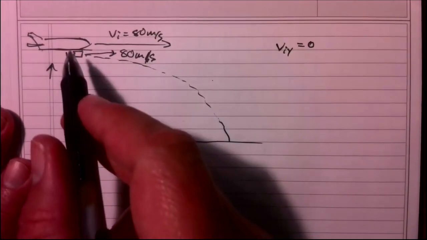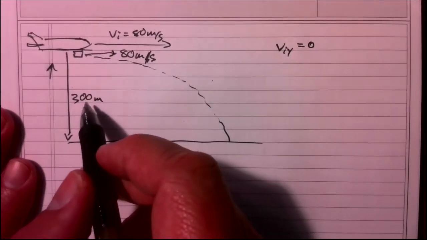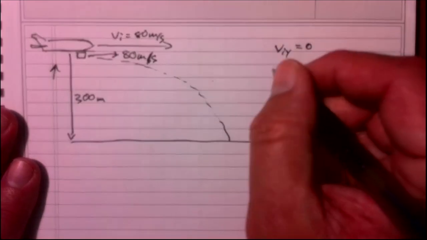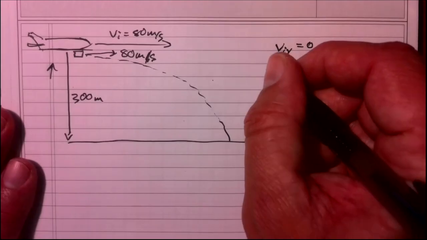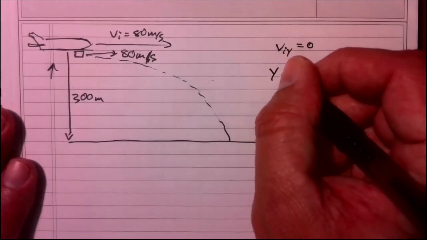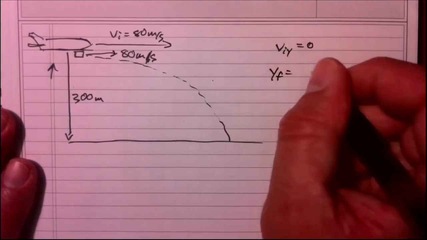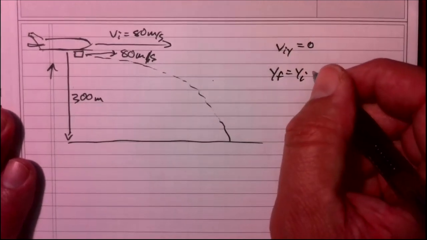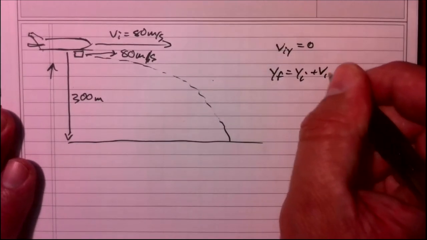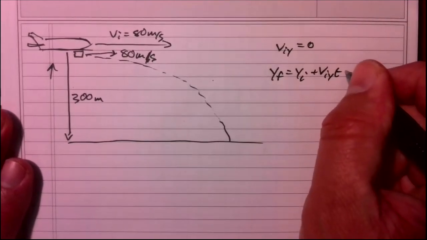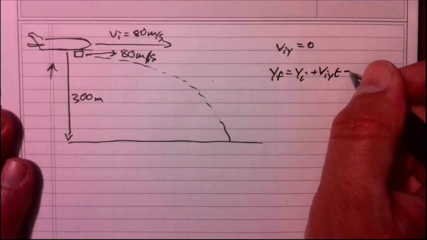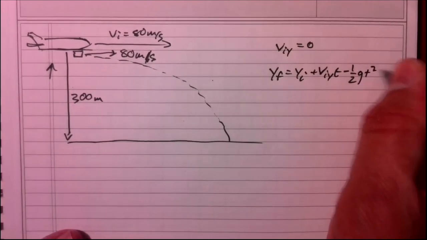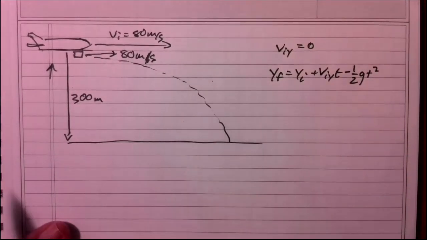For step one, I would ask how long does it take to fall 300 meters? And the equation that I would use is y final minus y initial plus v_iy times t minus 1/2 g t squared.